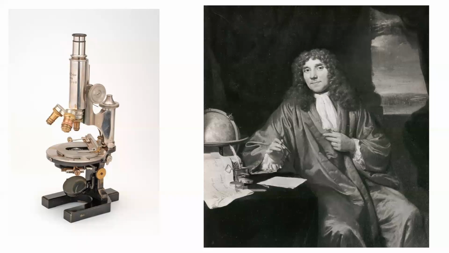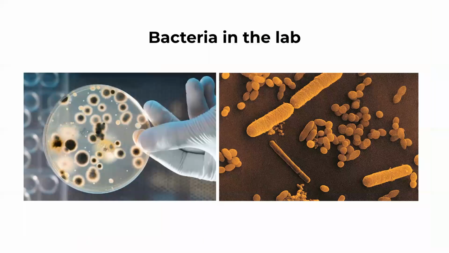And so one of the first things that happened right after that is that we discovered that these microbial communities could be grown. Here you see a culture of bacteria in a petri dish, and you also see different examples of microorganisms that could be seen in a microscope.